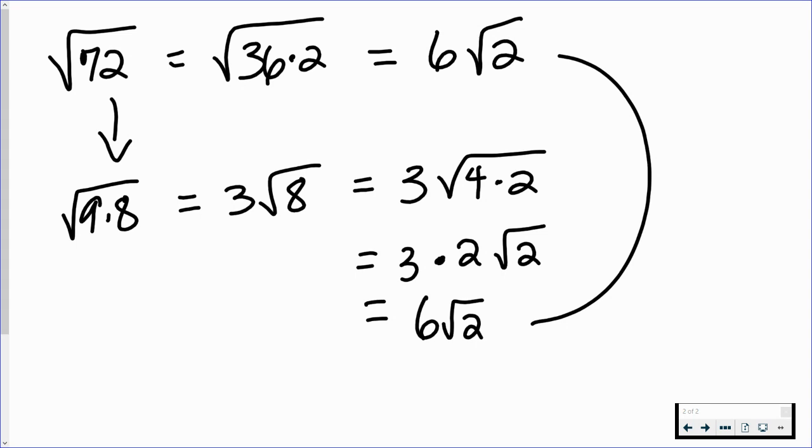I will, of course, show you the fastest way, which was that original way with 36 times 2 inside the square root. But there's no set way that you have to do these. You can look at different ways to set these up and still get to the same answer. It just might take you a little bit longer depending on which multiples you pick.